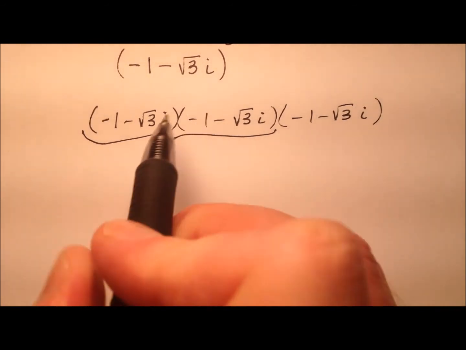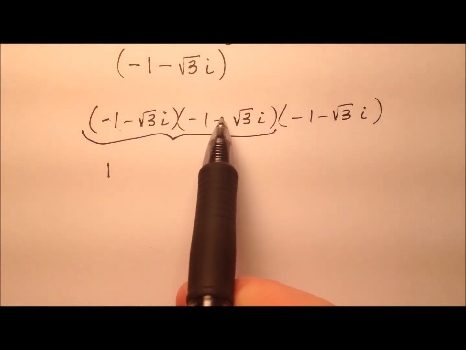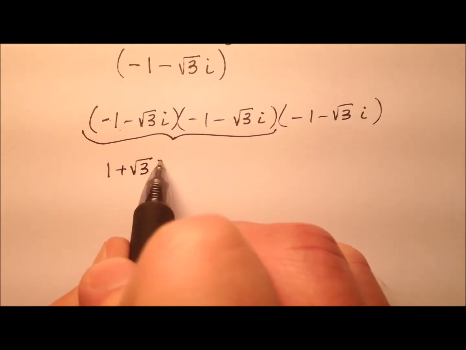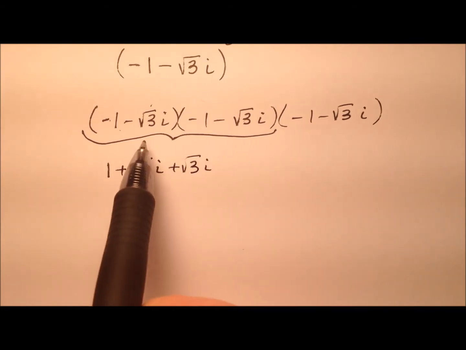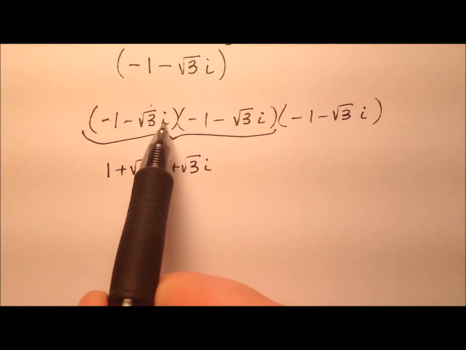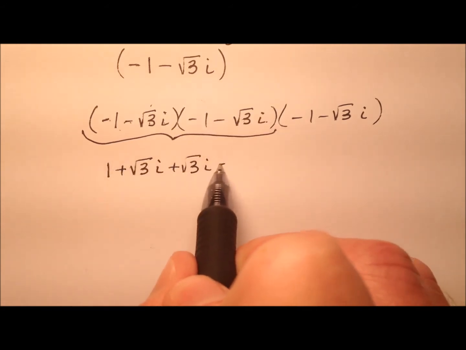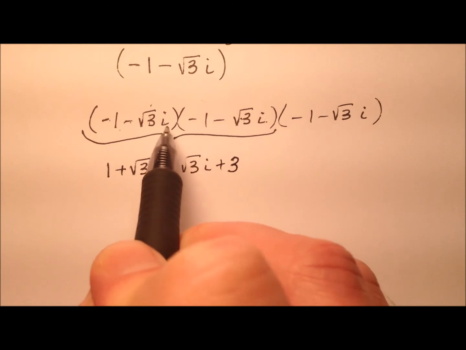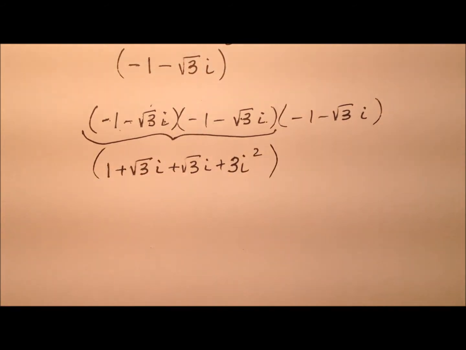So -1 times -1 is +1, and then -1 times negative radical 3i will be plus radical 3i, and the inside here will be the same. Then negative radical 3i times negative radical 3i: the negative and a negative make a positive, the radical 3 squared will make a real 3, and then i times i is i squared.